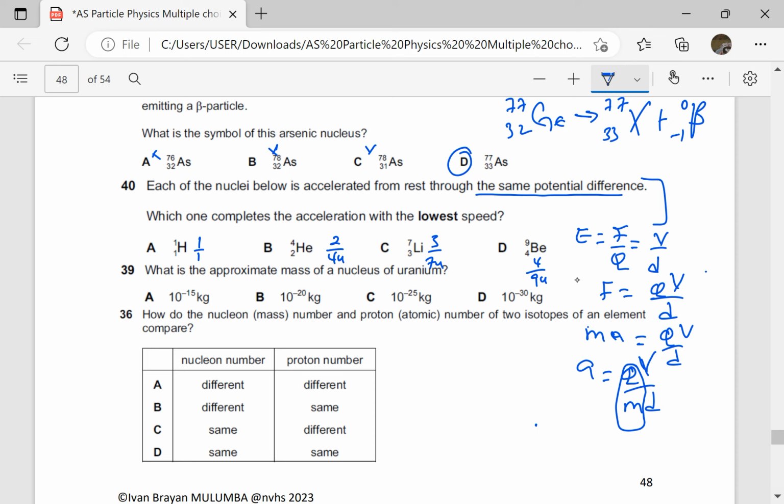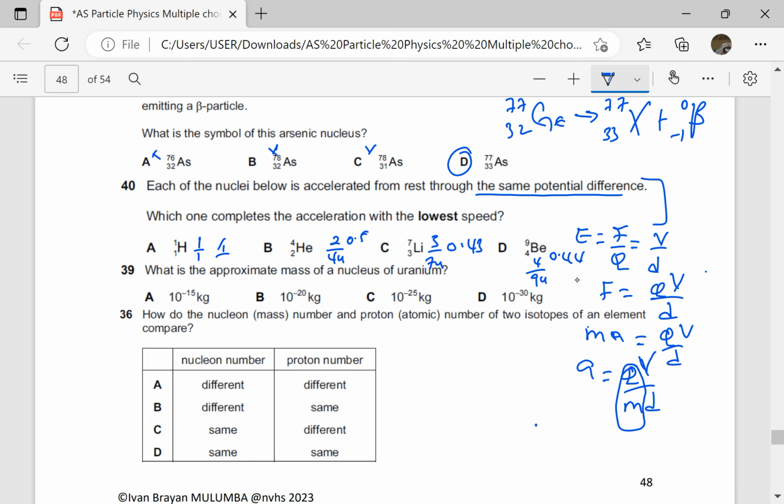So when you check, 3 divided by 7 is 0.43, 4 divided by 9 is 0.44, 2 divided by 4 is 0.5, and 1 divided by 1 is 1.